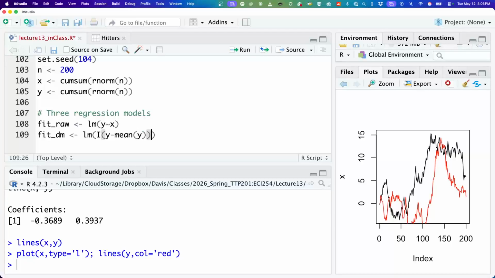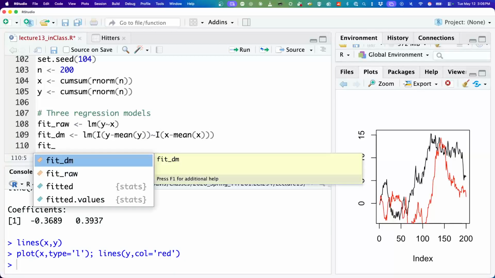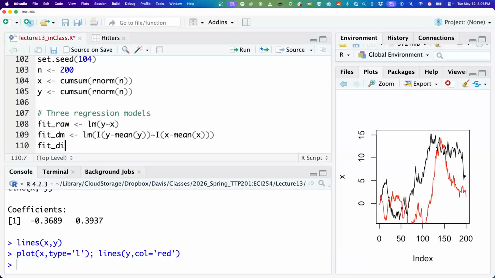And so here, we're going to do something like this, where I demean both my x's and my y's. And it turns out demeaning is not actually the best method or an effective method of applying stationarity to your data.